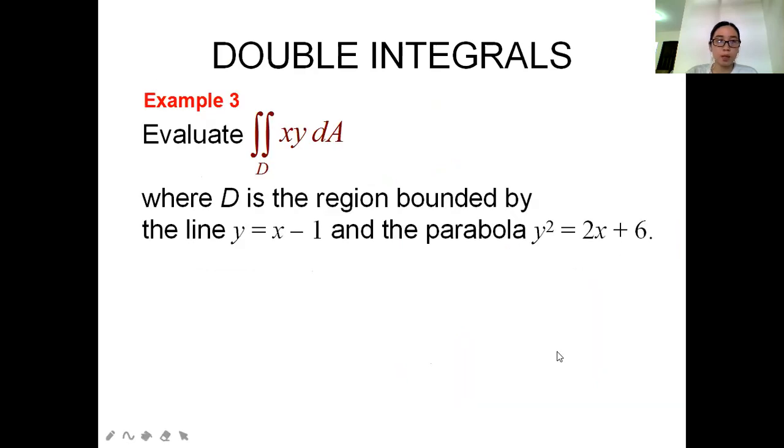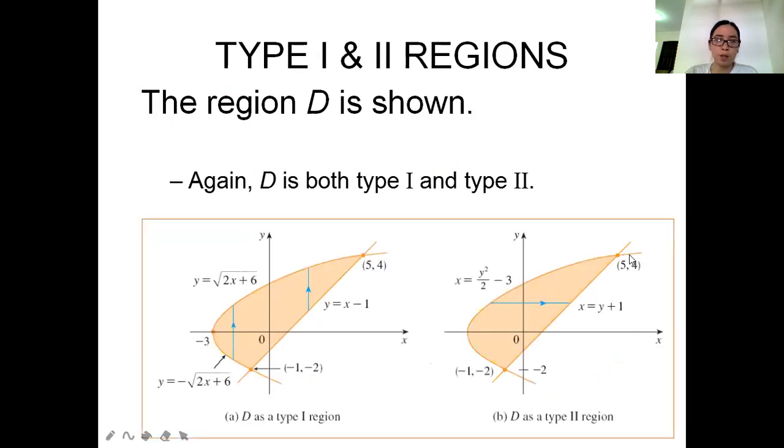So for example number 3, evaluate the double integral of xy dA, where D is the region bounded by the line y is equal to x minus 1 and the parabola y squared is equal to 2x plus 6.